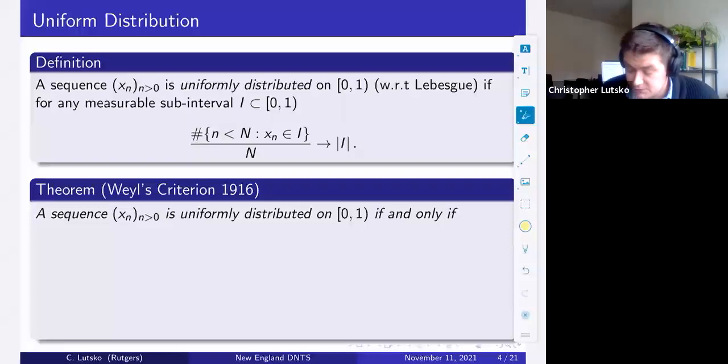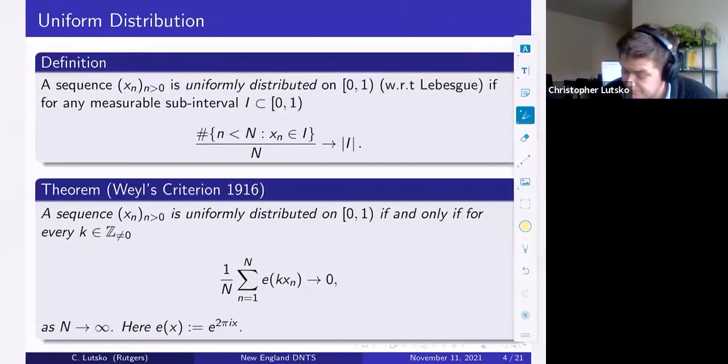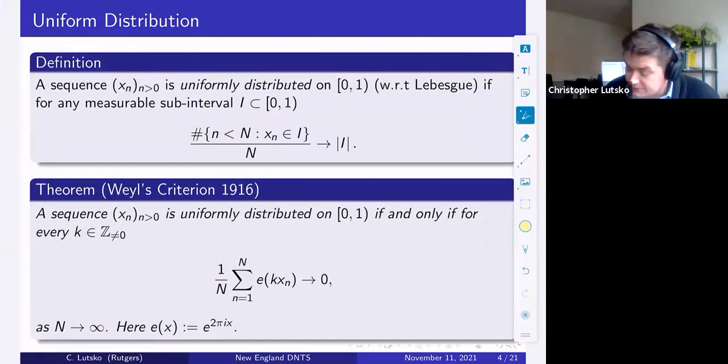And this dates back to close to the turn of the century with the work of Weyl. He said that a sequence is uniformly distributed on the unit interval if and only if... Now, for the actual Weyl's criterion, you can get 3 or 4 different equivalent criteria, but I'm just going to select one. A sequence is uniformly distributed if and only if I embed the sequence in the complex circle.